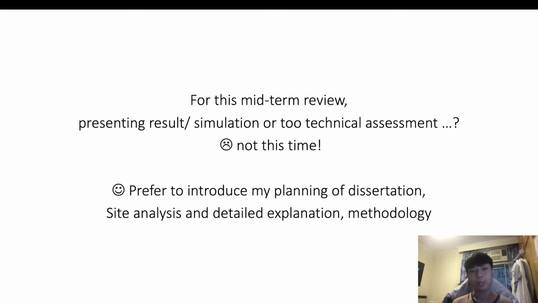Not this time. I would prefer to introduce my whole planning on the dissertation: what site I've chosen, the detailed explanation of why I've chosen this site, and the methodology to perform after I chose this project.